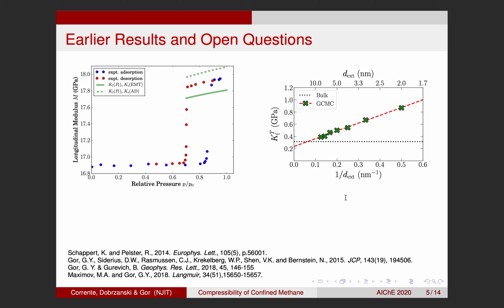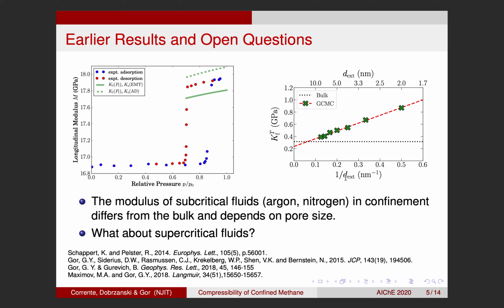It's a linear dependence on one over pore diameter. So we studied this for subcritical fluids, argon and nitrogen, and we showed that the confinement changes the elastic modulus of the fluid. And the question is, what about supercritical fluids? This is what this work is focused on: methane at supercritical conditions in the pores and what the elastic properties would be.